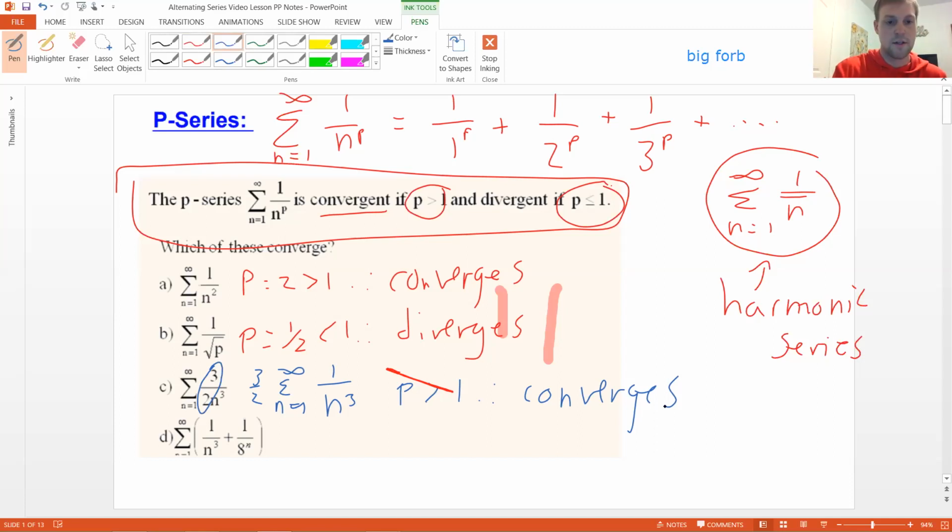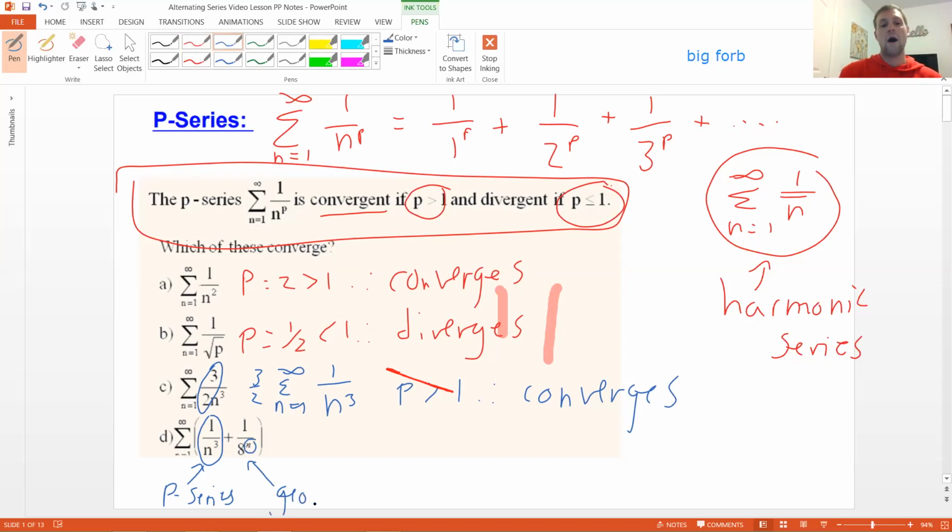Okay, so the last one here is a sum of two different functions. You're supposed to recognize that the first one is a p-series. And this one right here, 1 over 8 to the n, where n is in the power, you're supposed to recognize that's just geometric.